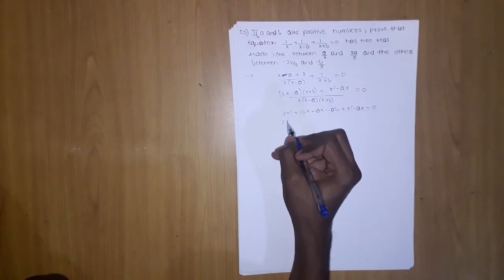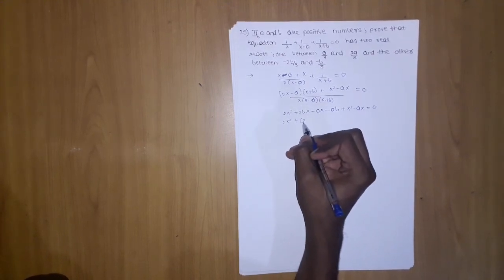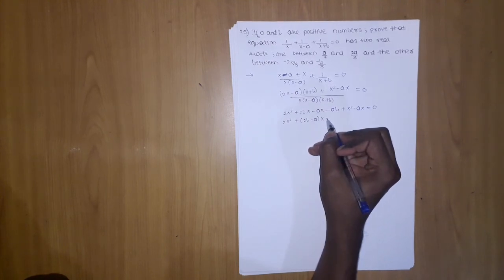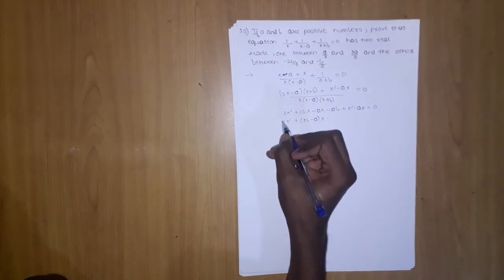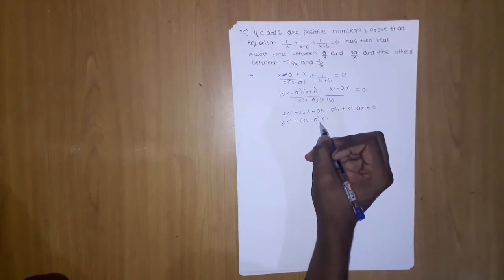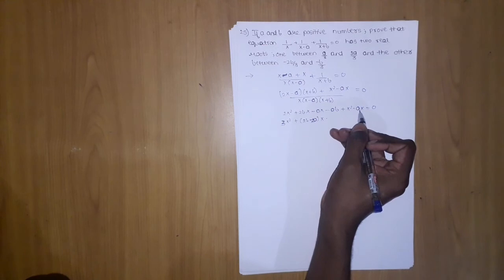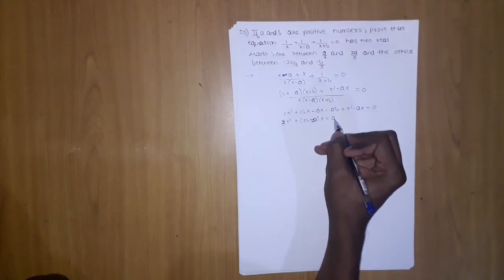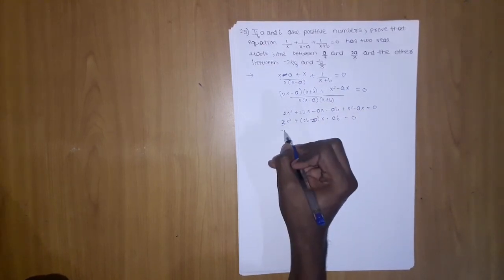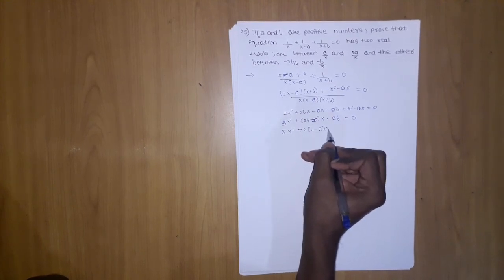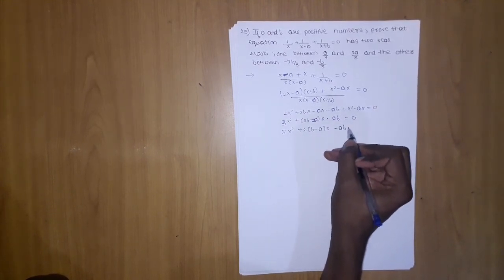Okay, now let's get the parts, which are 2b minus a x, and here it will become 3 x square. Here it has minus ax and this will be minus ab equal to 0. So finally it will become 3x square plus 2 into (b minus a) into x minus ab should be equal to 0.